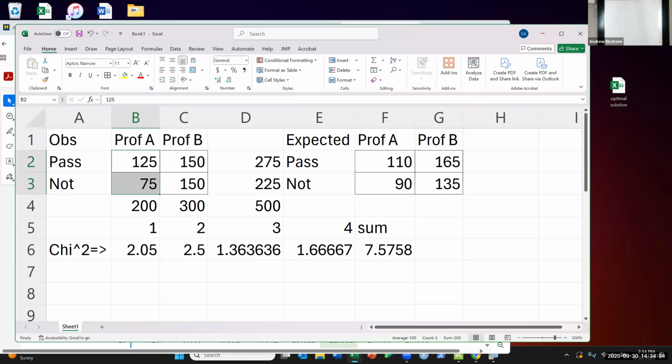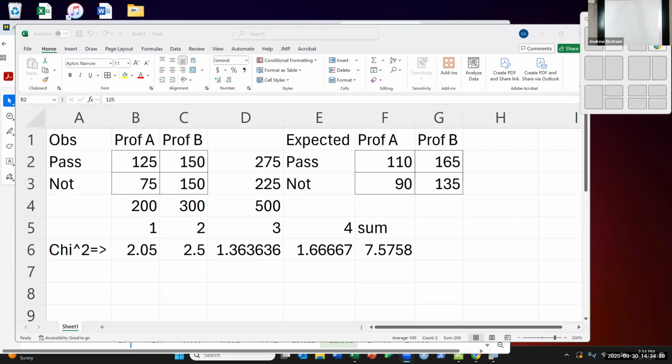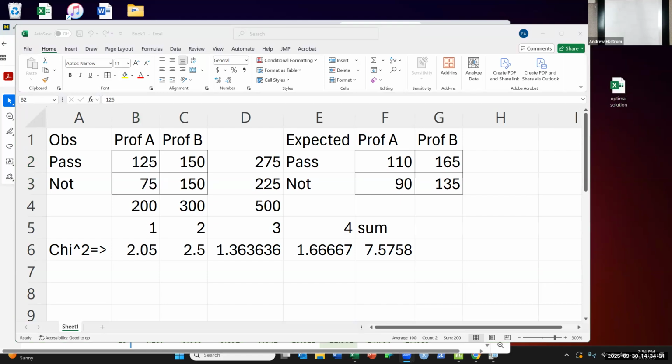So just as an example of something that actually factually did happen, the numbers I'm about to write down are not correct, but it gives you an idea of what can actually happen with this.